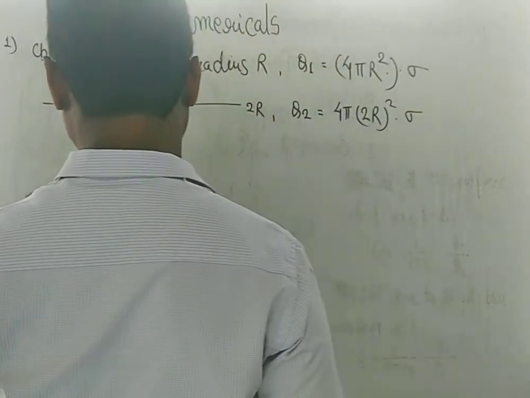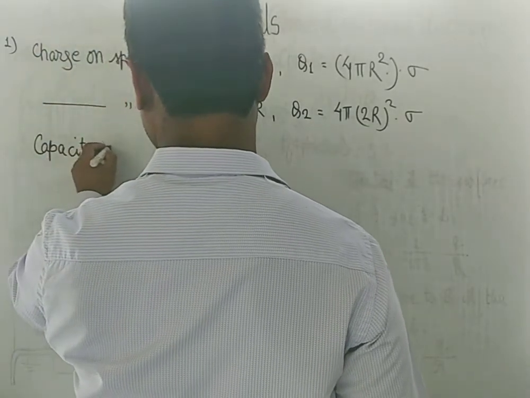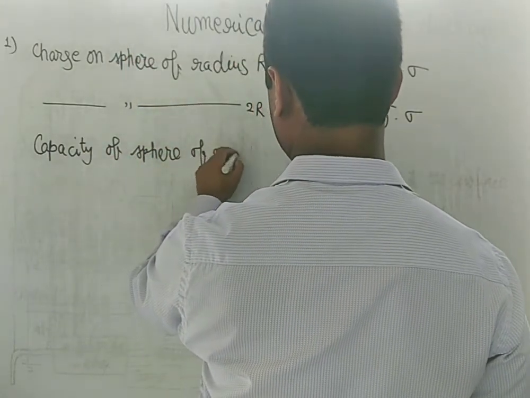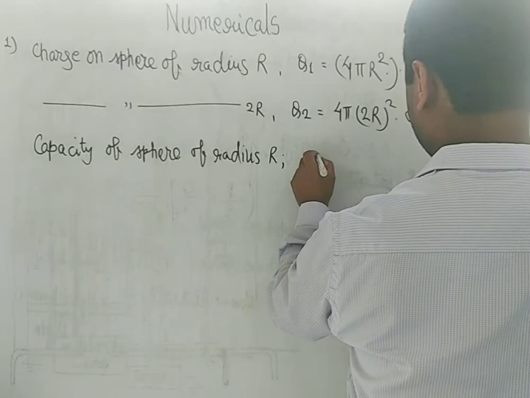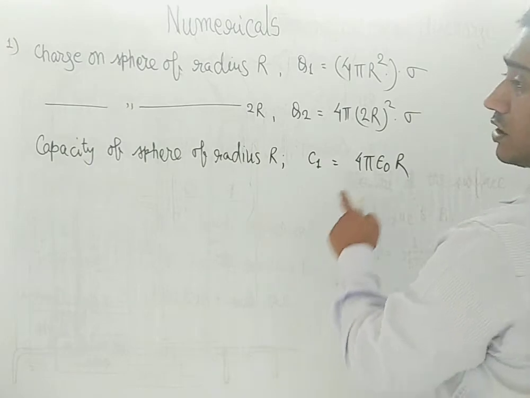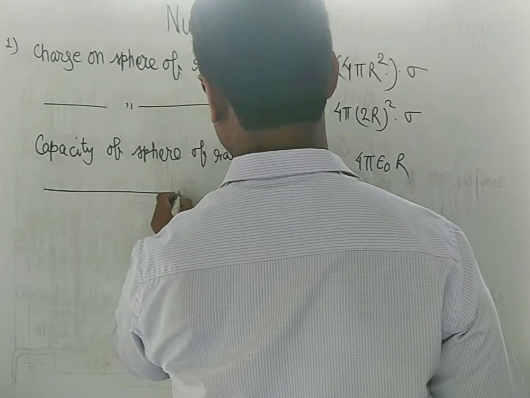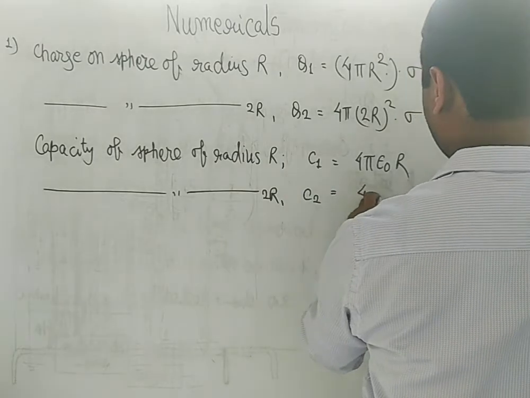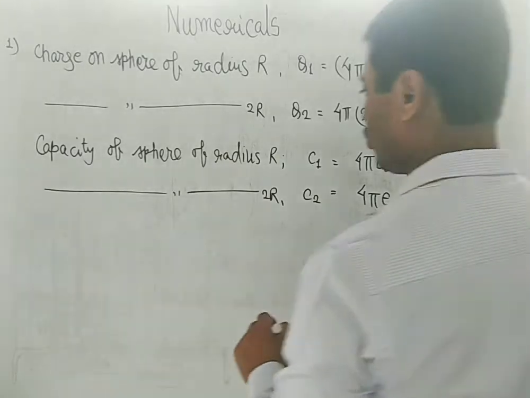Now hereafter we can write about the capacity of the sphere of radius R. Let me call this C1, and this is 4 pi epsilon naught into R, the capacity of a spherical conductor. Now the capacity of the sphere of radius 2R, let me call this C2, and this is 4 pi epsilon naught into the radius of the bigger one, 2R.